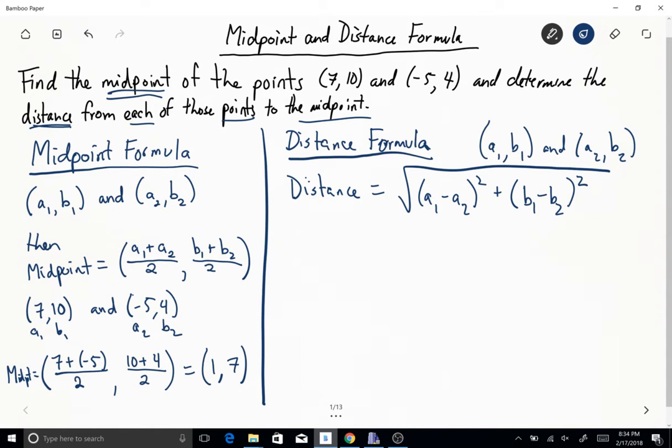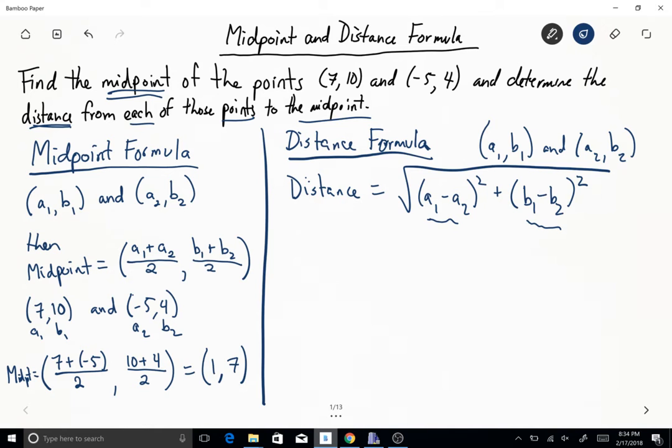Because when we square it, it's going to turn positive anyway, so it doesn't matter if it's negative or positive inside this term and this term. So that's why we can be a little bit more sloppy than, say, when we're dealing with lines and things of that nature.